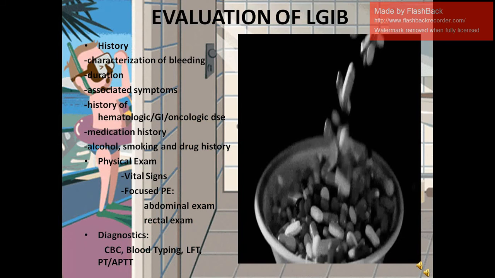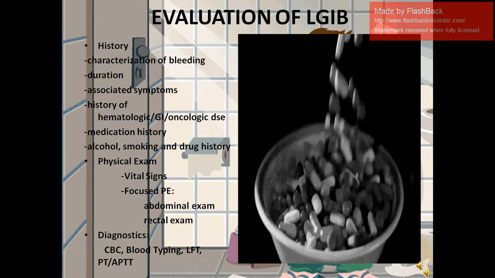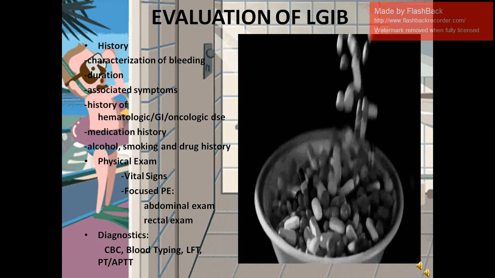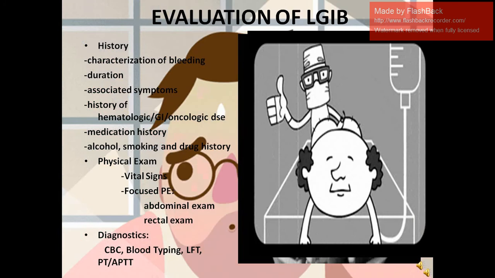Note whether the patient is under medications, particularly antiplatelet drugs, anticoagulants, NSAIDs, or any herbal medicines. Ask also whether the patient is alcoholic, smoker, or had previously taken prohibited drugs.